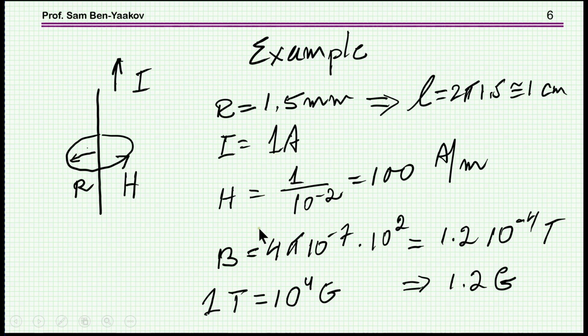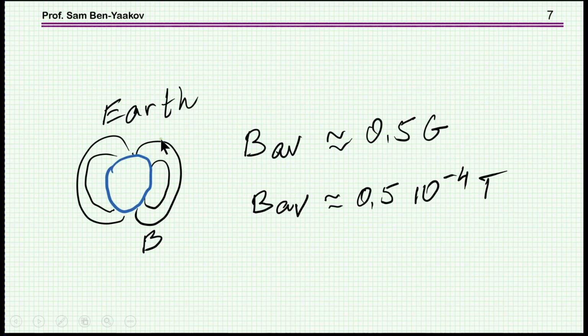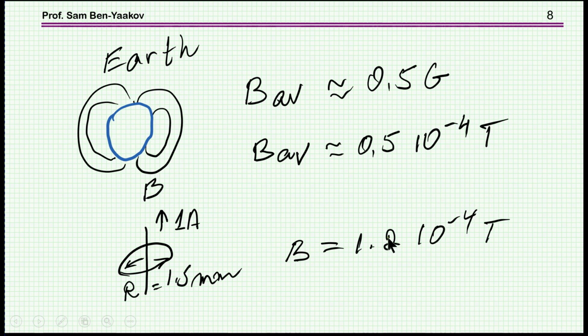To get it in proportion, the Earth magnetic field is about 0.5 Gauss, or 0.5 times 10 to the minus 4 Tesla. So the 1 amp, and we are pretty close to the wire, gives us 1.2 times 10 to the minus 4 Tesla, and here we have 0.5, so we are pretty close. So for low current, it could be a problem. As the current goes up, of course, the magnetic field will be stronger and stronger.